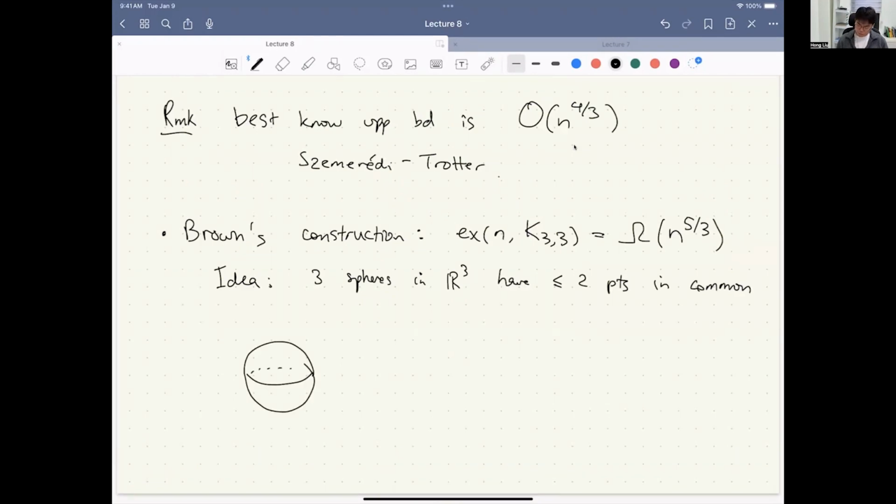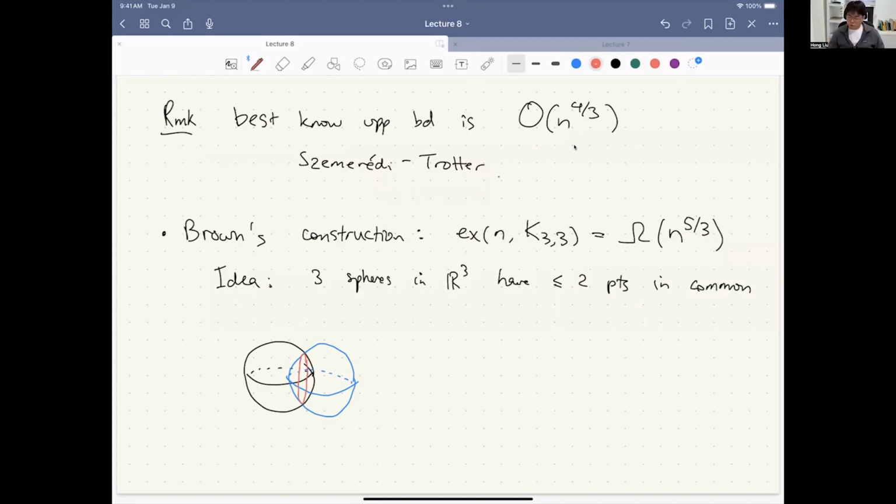because you have one, you have another one, then their intersection is again a sphere, but 1 dimension lower. So it's a circle.